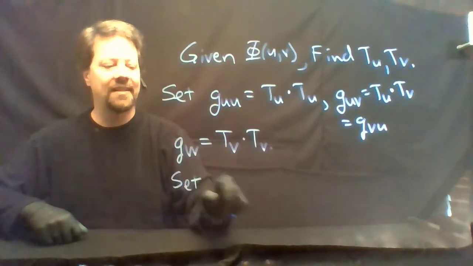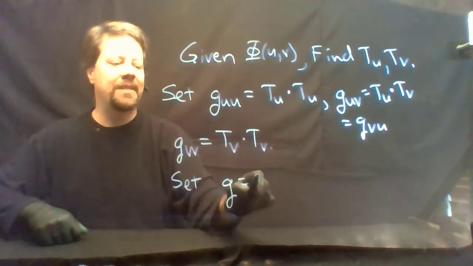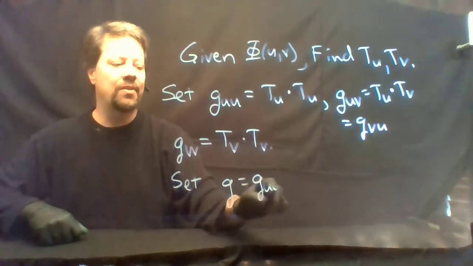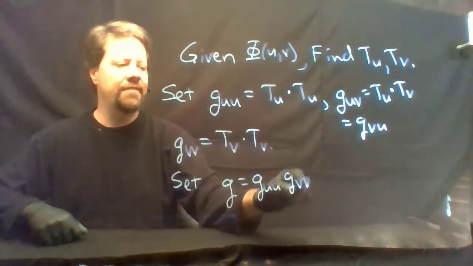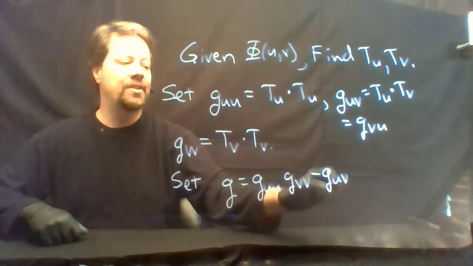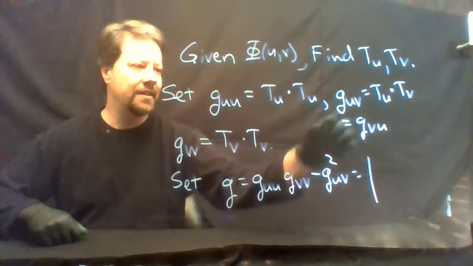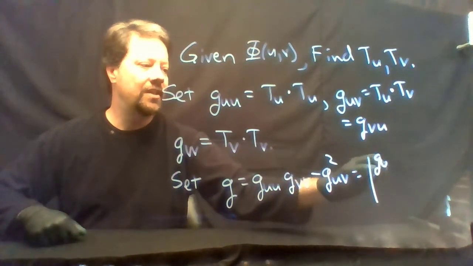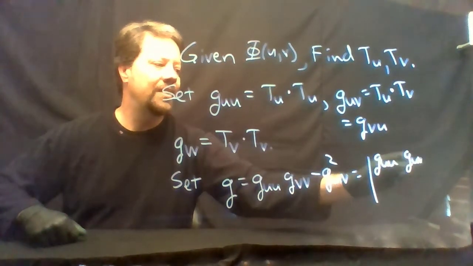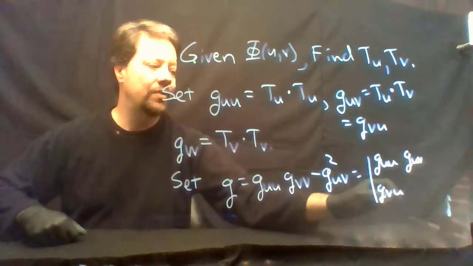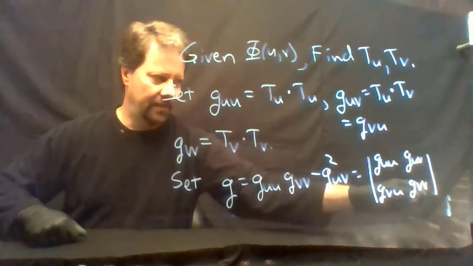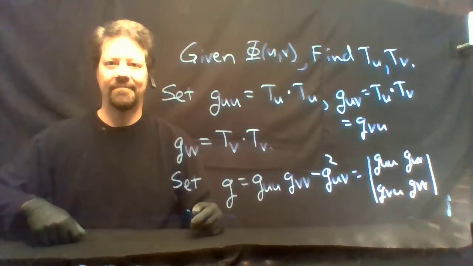We will then set little g to be the product GUU GVV minus GUV squared. This is the determinant of these entries: GUU, GUV, GVU, GVV.